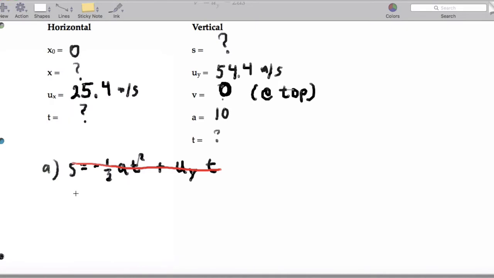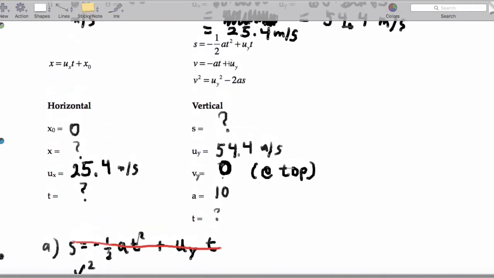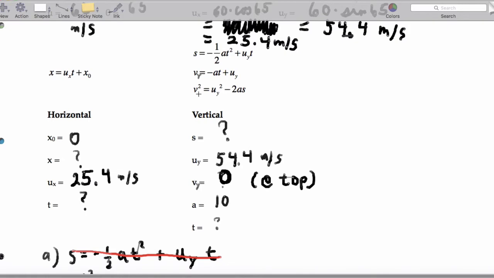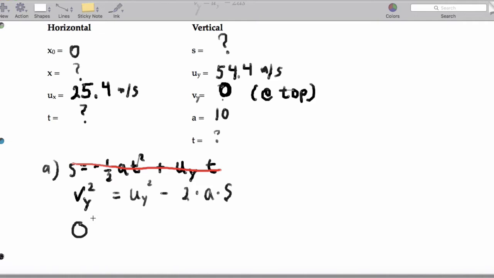So we can say vy squared, and I should label it more carefully, I should call this vy, just so that we know we're talking about the vertical direction. Equals uy squared minus 2 times a times our unknown s. So we have a speed of 0 at the top, so 0 equals 54.4 squared minus, and we're going to put 10 in for g, so that's minus 20 times s.